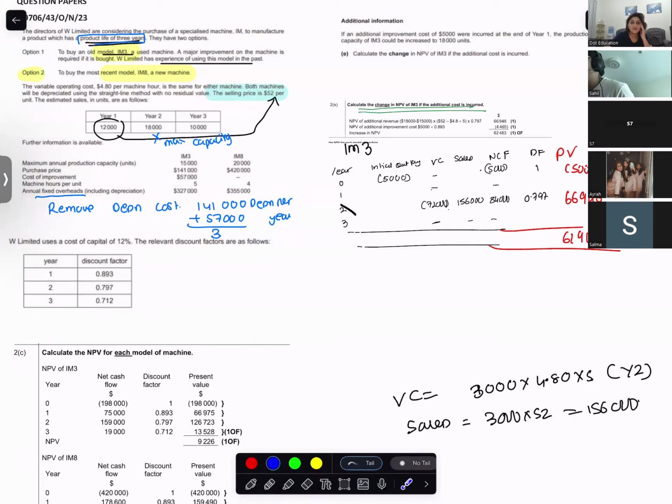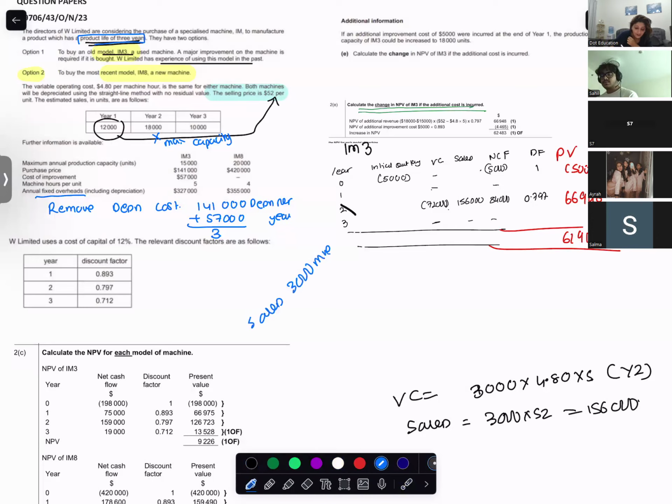In IM3, the production capacity initially was how much? It was 15,000. And if I do this additional cost of 5,000, I would be able to produce instead of 15,000, my sales would become 18,000, which means 3,000 more.